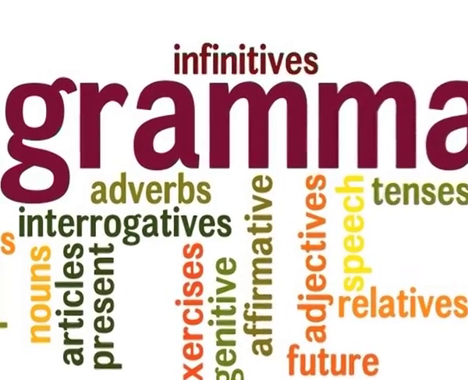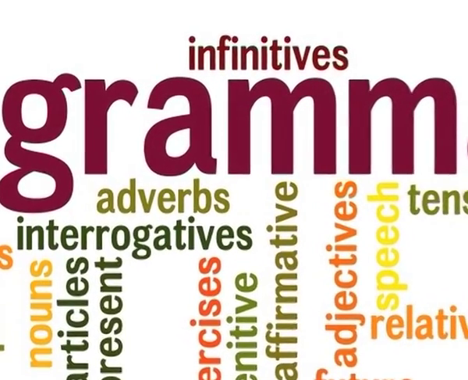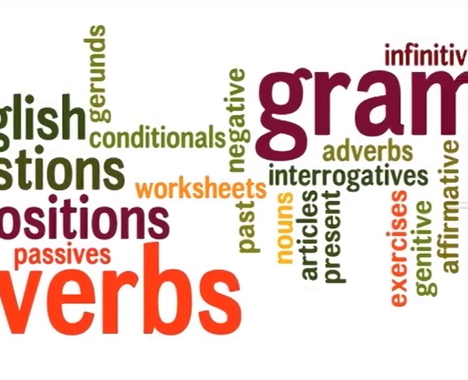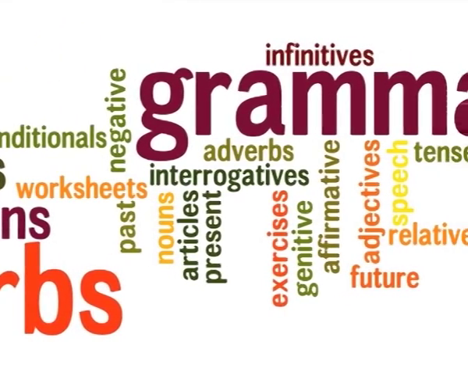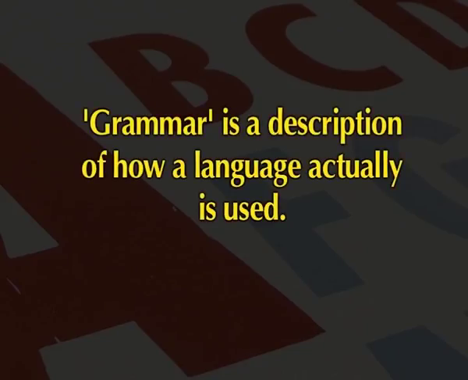Such a description is the grammar of the language. The term grammar is generally used to define how a language should be used, but to a linguist, grammar has a different connotation. Grammar is a description of how a language actually is used.